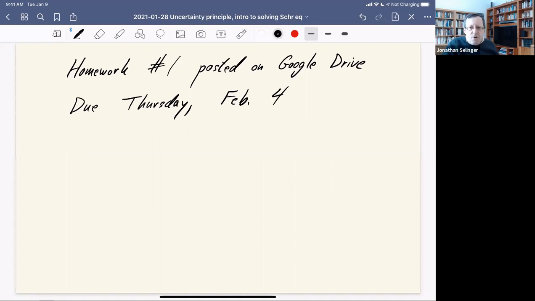Okay, the 4th one is a Mathematica problem that I made up, where I ask you to take the demo number 1 file that I created and put in a different guess wave function or sample wave function on the top, and then see how everything works out after that.